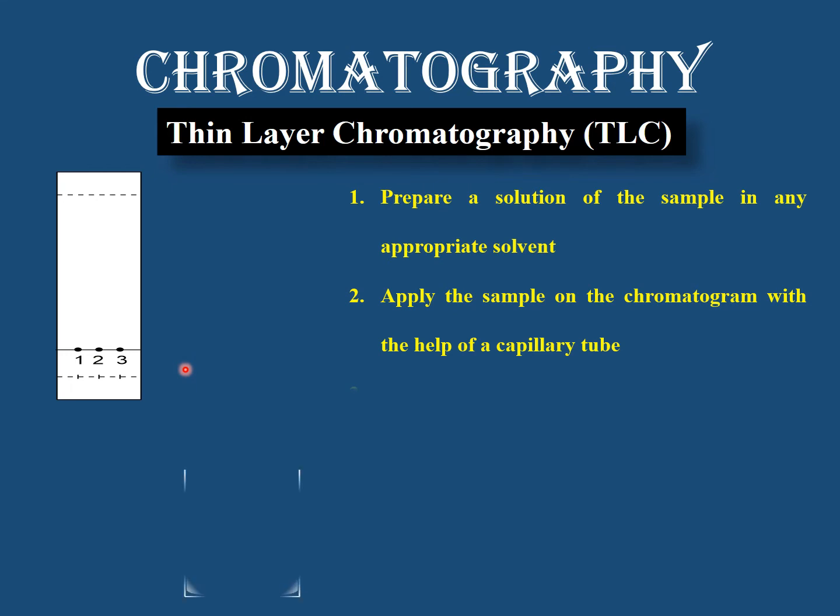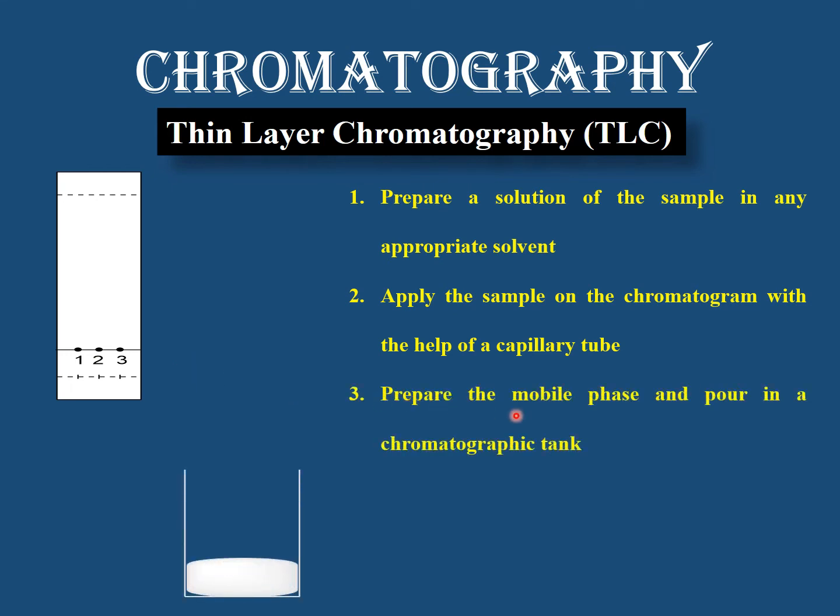The third step is to prepare the mobile phase. So depending upon the nature of your mixture or the components of your mixture, you have to prepare a suitable mobile phase that is suitable for effective separation of the components of the mixture, and also it must leave all the components between these two lines, that is the baseline and the solvent front.